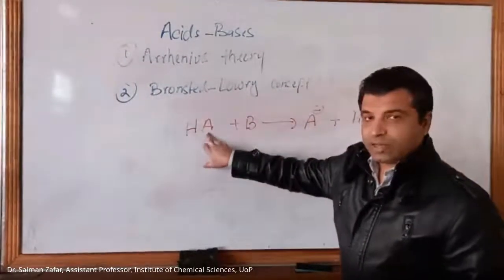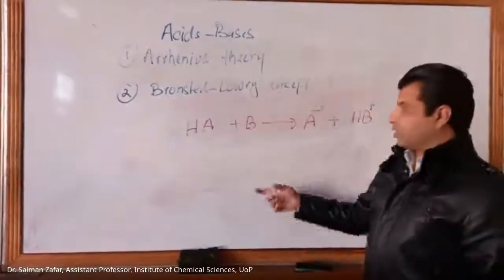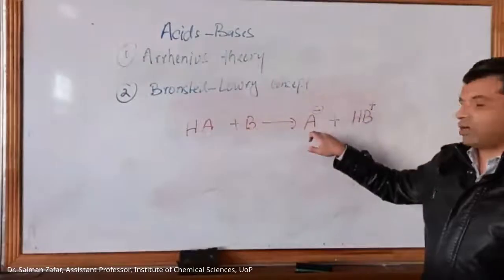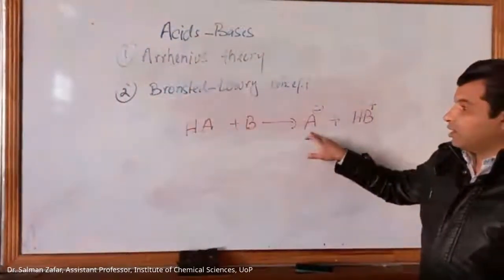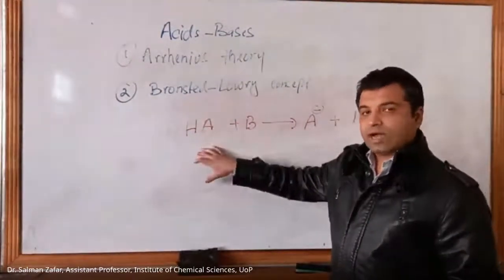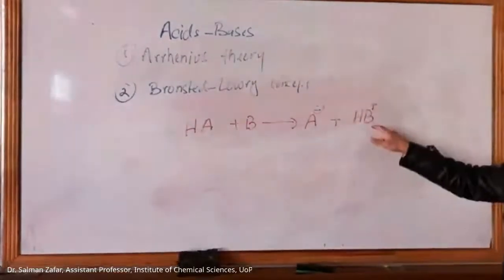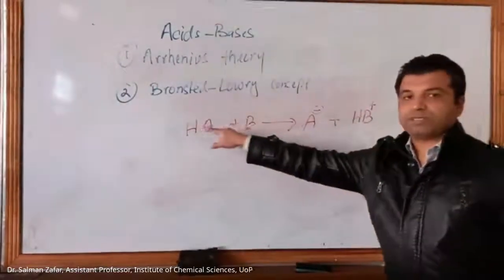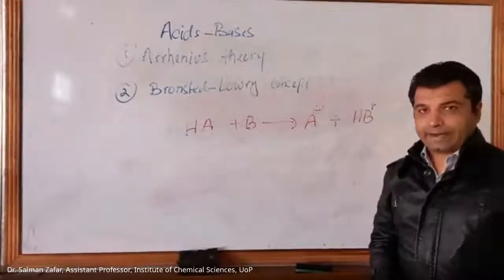Now this HA has provided, or it has given away a hydrogen ion, and that is why now it can be seen as an anion. लेकिन ये H ion इसने किसको दिया? This hydrogen ion has been donated to B, and this B here has accepted this hydrogen ion, and now you can see it in the form of a cation, right?